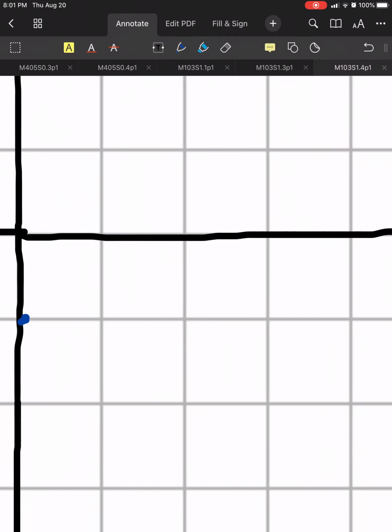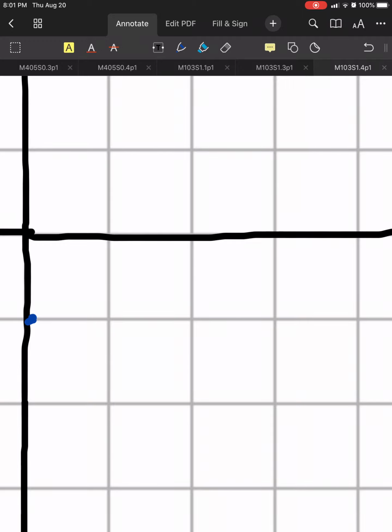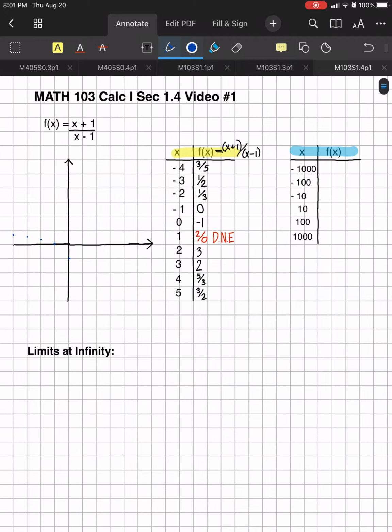1 is the place where it doesn't exist. And we'll go ahead and put this in right now as an asymptote. You should have figured out that that's where the asymptote would be from what we did last time. Let's go ahead and put the asymptote in here.